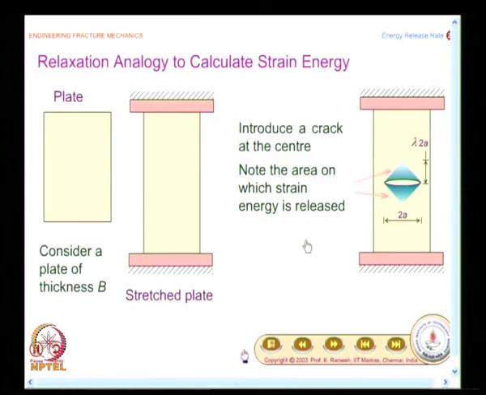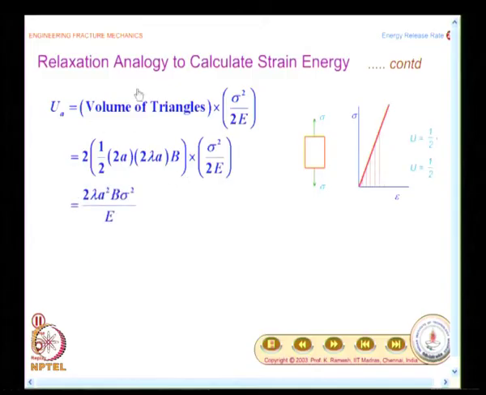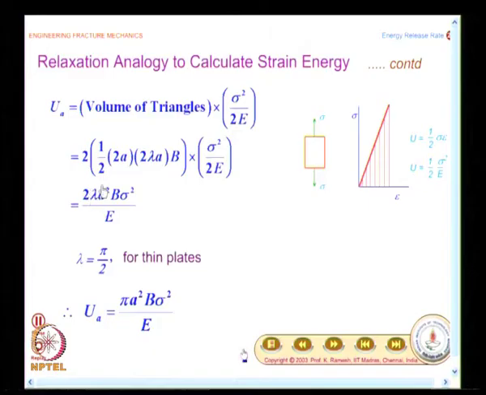And what we have also done in the calculations, if you look at it, I say volume of the triangle, I say all this, but I also bring in a factor called lambda. We have not evaluated lambda. See, if I evaluate lambda based on a triangle, then the question is valid: why is a triangle so special? We have only indicated that a region close to the crack contributes to the formation of two new surfaces.